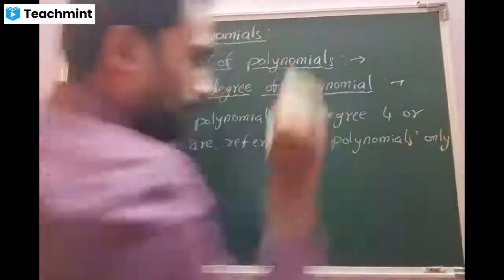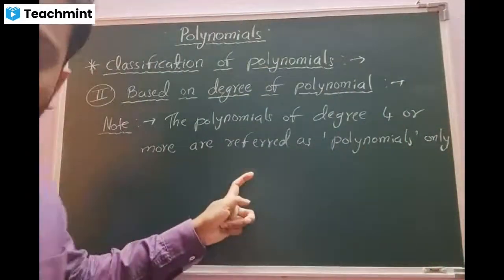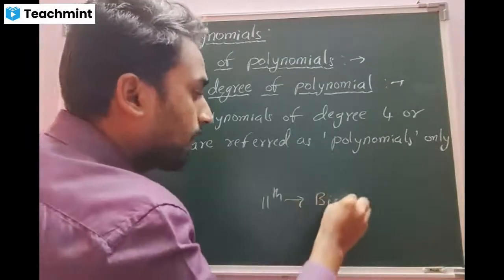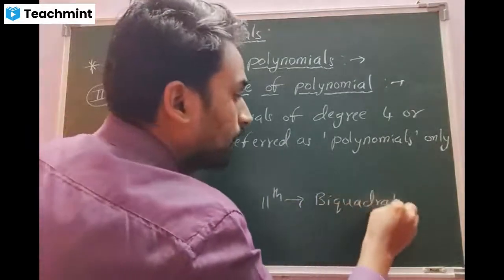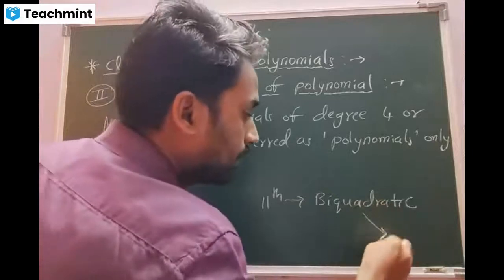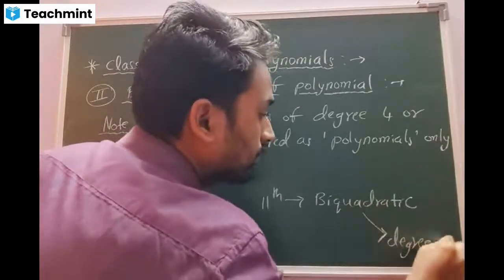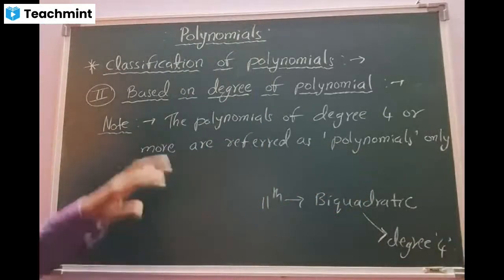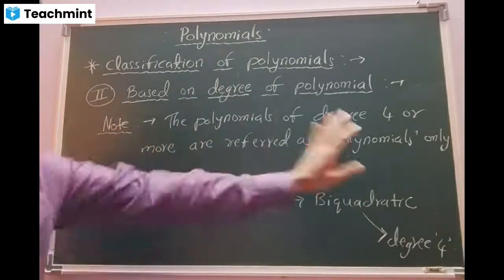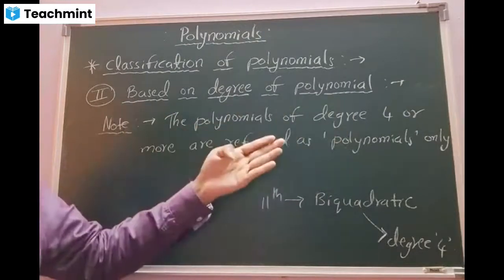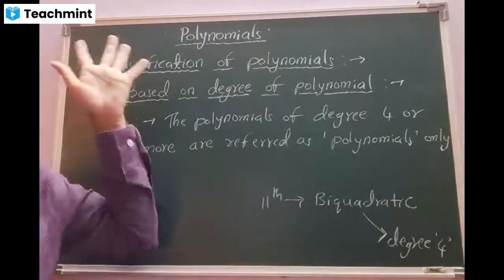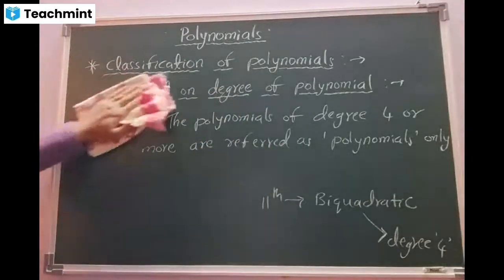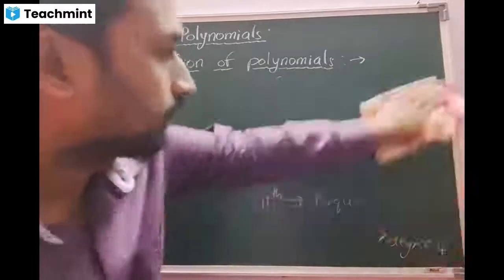There is no special name, beta. But when you go to 11th standard, beta, you are going to hear about biquadratic polynomials, whose degree is exactly 4. Is that clear, beta? At present, in 9, you have to read 4 or more than 4 degree as polynomials only. Clear, beta?